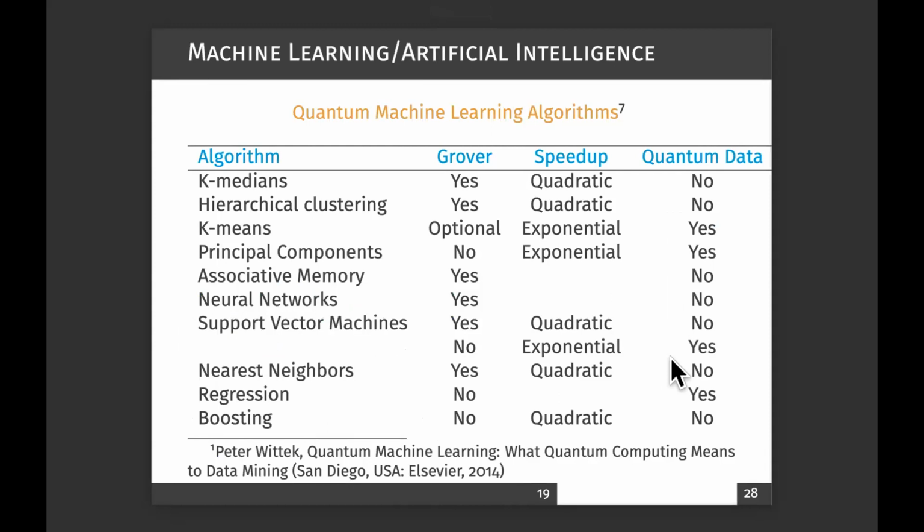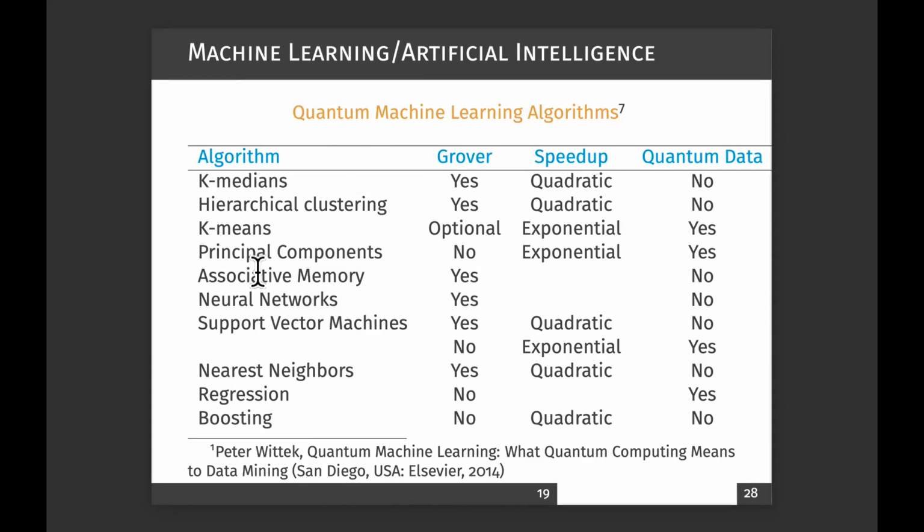One of the applications also of quantum computing is in machine learning. As you can see here, this was taken from a book by Peter Wittek. These are the algorithms, and it states here that it's using Grover's algorithm as an optimization algorithm, using quantum data.